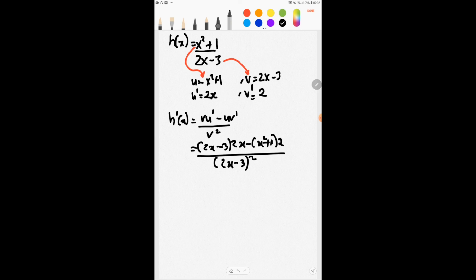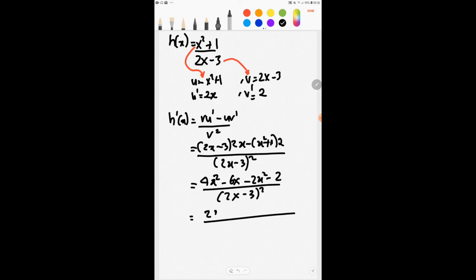If you have this one, the numerator we need to expand and simplify. However, the denominator remains in the original form. So if we expand, we get 4x squared minus 6x, and 2x squared minus 2. The denominator will just remain in the same original form, and after that we can simplify it.